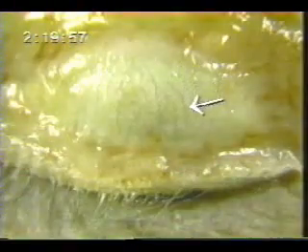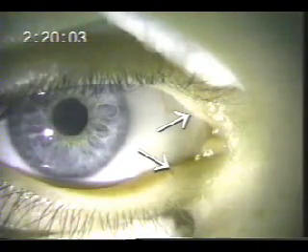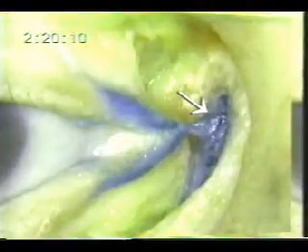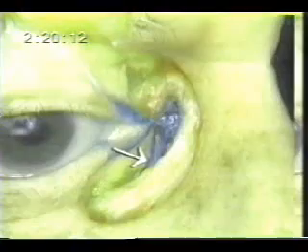Here's the orbicularis oculi muscle, the orbital septum, the tarsus, and the tarsal glands. Here's the lacrimal gland, the upper and lower puncta, the canaliculi, the lacrimal sac, and the nasolacrimal duct.